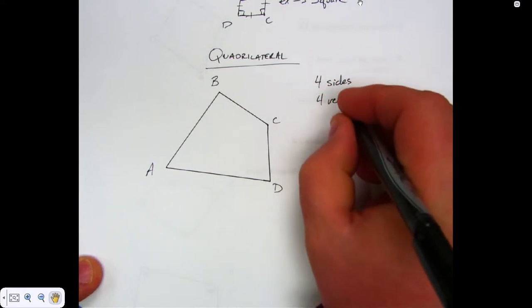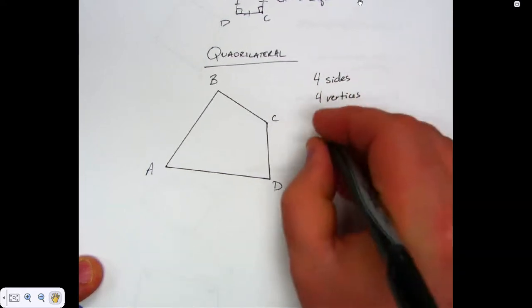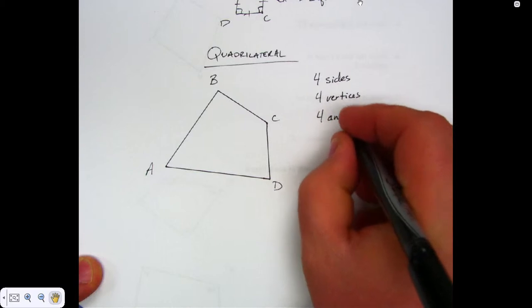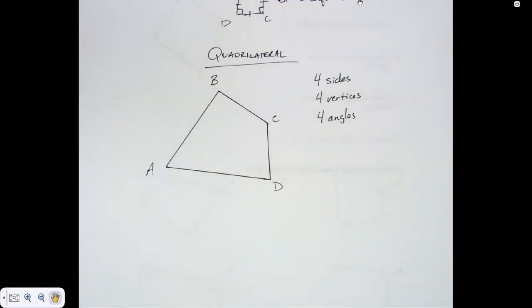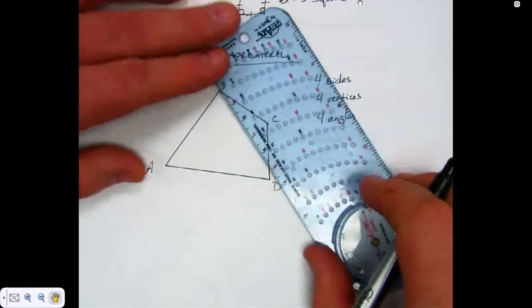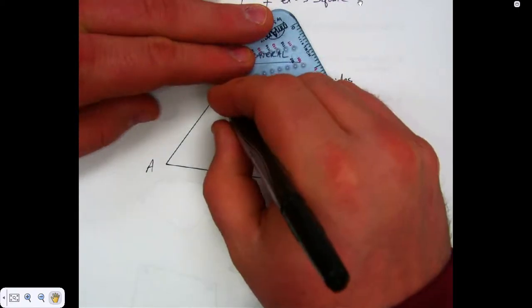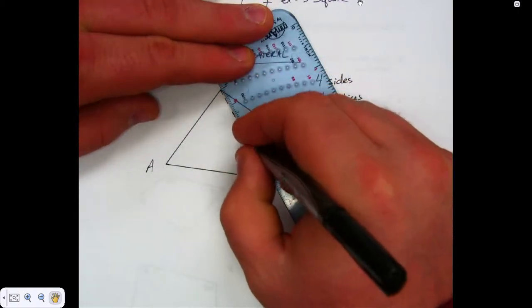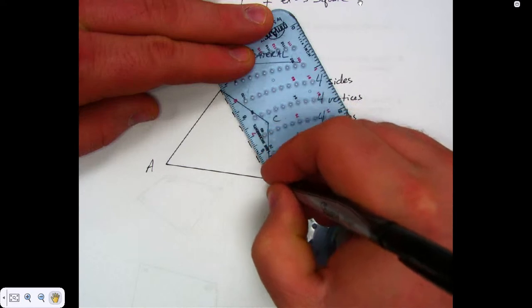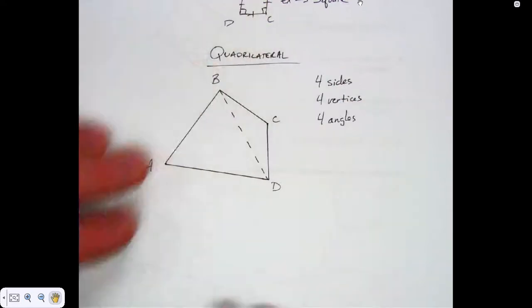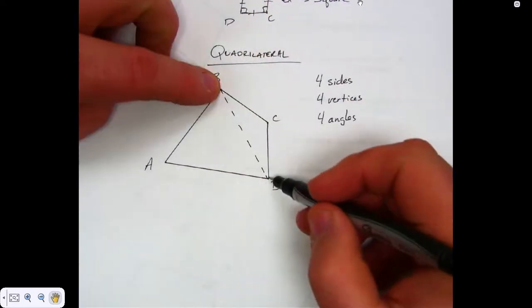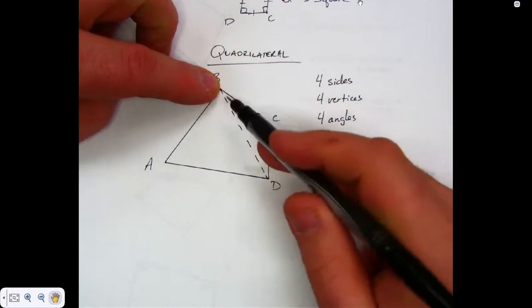Now, there's four sides, four vertices, four what? Angles. Now, this is something that's called a special segment. Does anybody know what these are called? Well, if this was a street corner and this was a street corner and you walked from here to here, how are you walking?